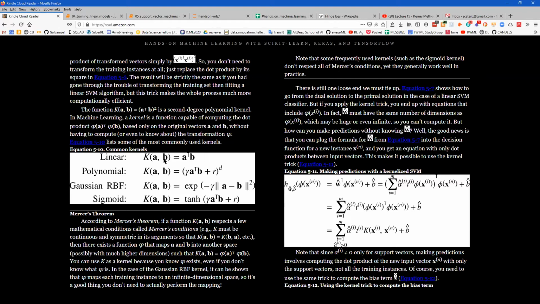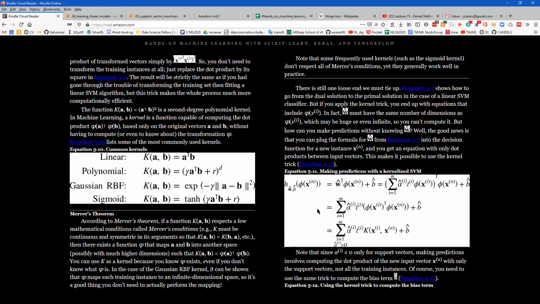And then the third condition is that the kernel matrix, the matrix representing the kernel, has to be a positive definite matrix. That is something that you can look up, but basically any kernel that satisfies those three conditions is the dot product for some higher dimensional transform phi. And we don't really even have to know what that higher dimensional transform is to be able to use this mapping.